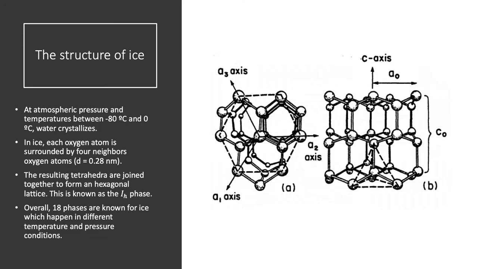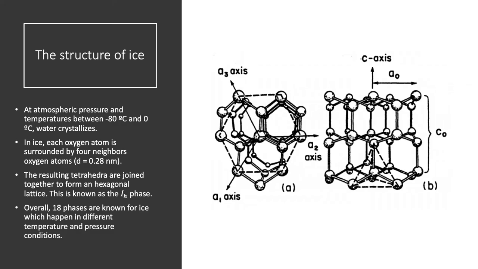What is interesting is that the water molecule has different ways, and I think this is probably what makes ice such a complicated thing to study. The water molecule has different ways to crystallize, different ways to form the crystal.